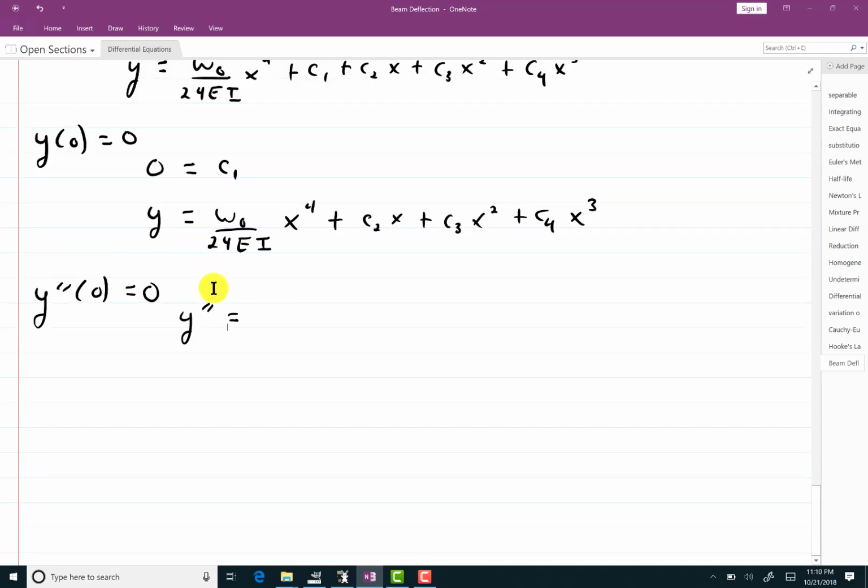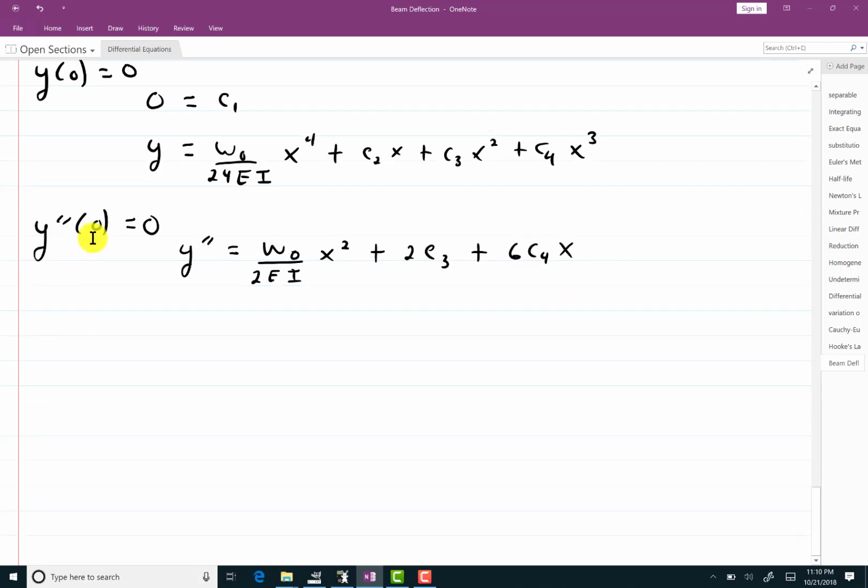So I'll get w naught over 2EI x squared plus, when you differentiate twice, the c2x disappears, but here you'll get a 2c3, plus 6c4x. So let me replace x with 0. That means this part wipes out, this part wipes out, and we'll get c3 equals 0.